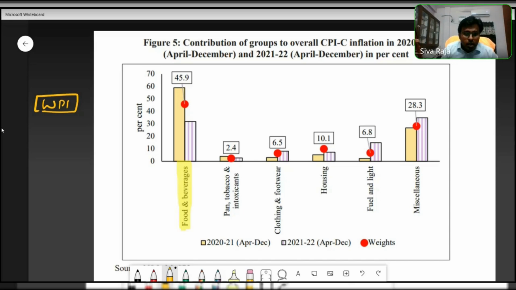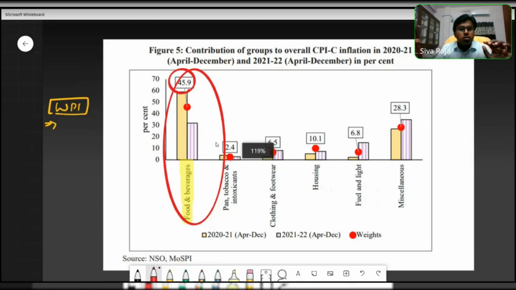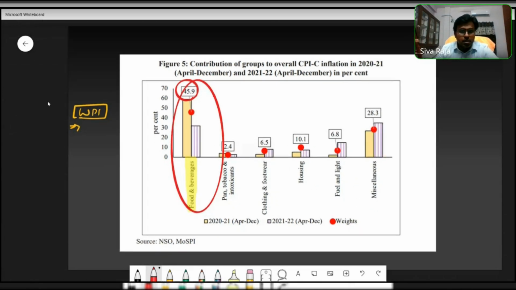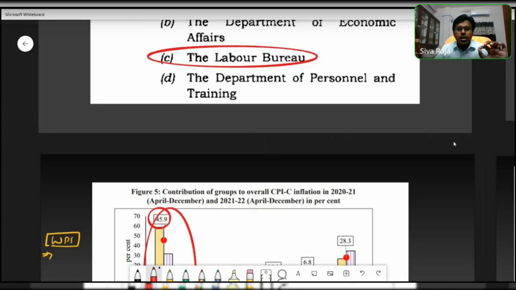In CPI, what is coming, see here, food and beverages. So look at this point. Food and beverages, what is it? 45%. Now, this is CPI, correct? This is consumer price index, also called headline inflation, correct? Headline inflation or retail inflation. In that, it is 45.